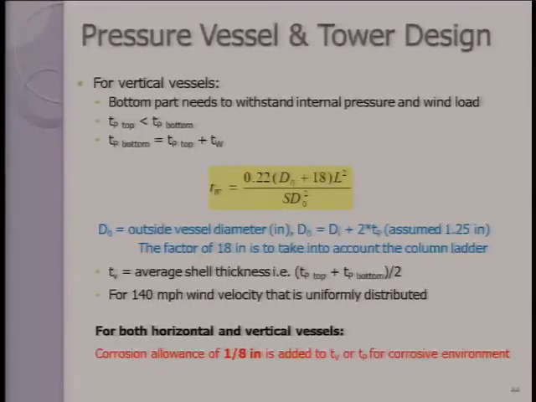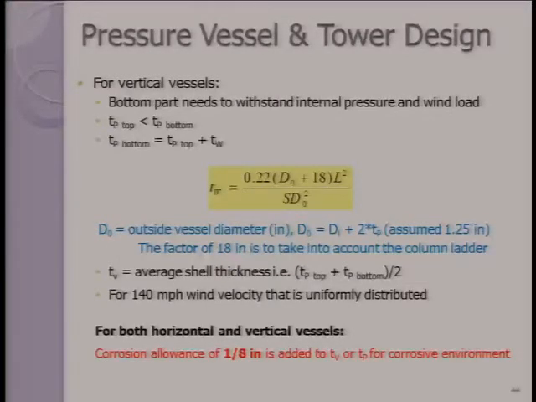Then your final one will be TS equal to TV plus T corrosion. So that's the difference between horizontal and vertical vessel. Basically, you add the wind load, and then you take the average of top and bottom before you add the corrosion thickness.